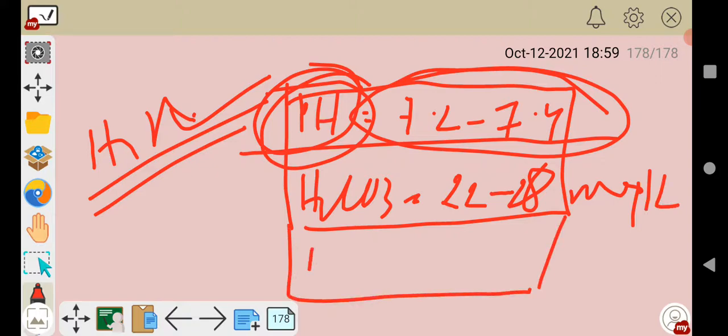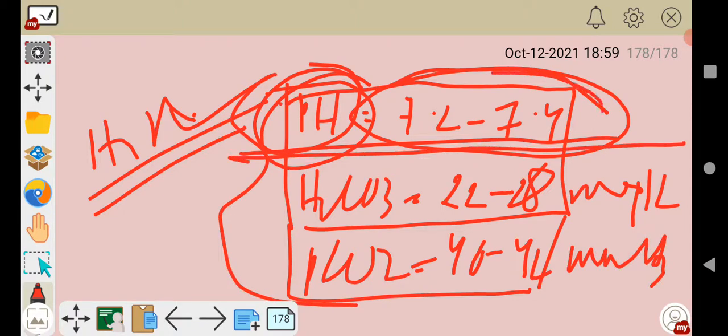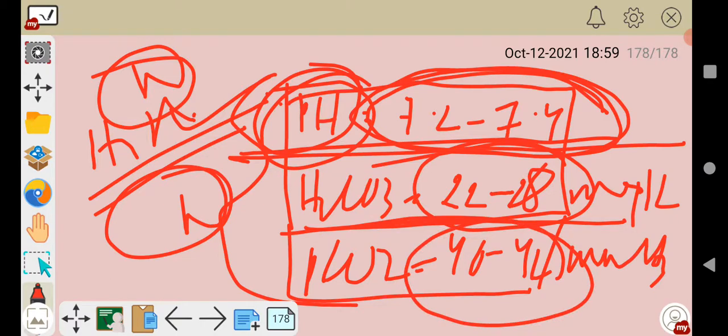Next is partial pressure of carbon dioxide, which is 40 to 42 millimeter of mercury. No confusion, right? Blood pH 7.2 to 7.4, bicarbonate 22 to 28 milliequivalent per liter, and partial pressure of carbon dioxide 40 to 42, correct?